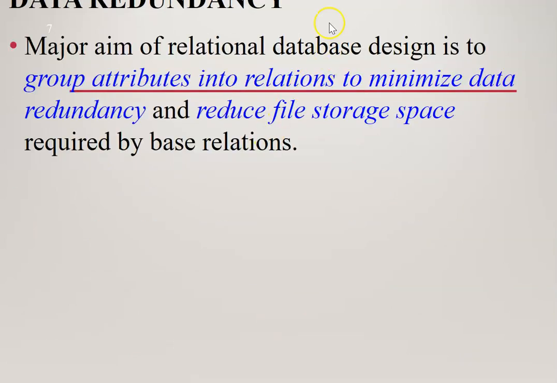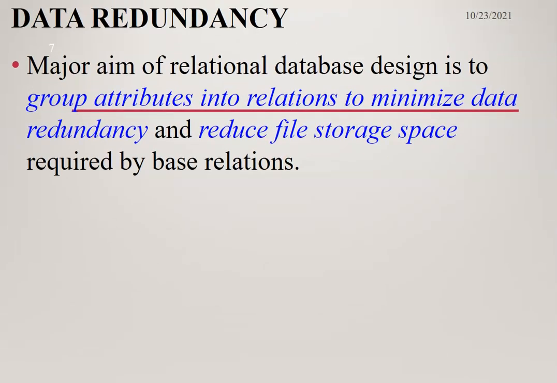So what's data redundancy? When someone talks about data redundancy, is data redundancy the same as data duplication? The major aim of relational database design is, one, to group attributes into relations to minimize redundancy, but also to minimize your storage space.